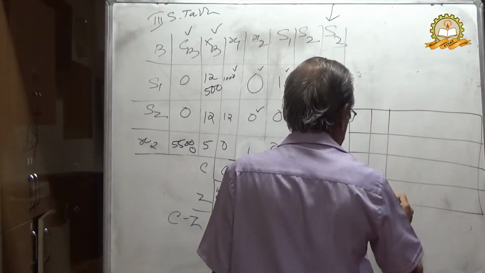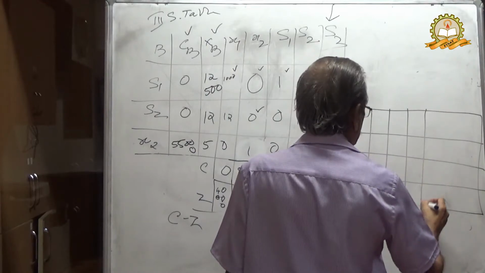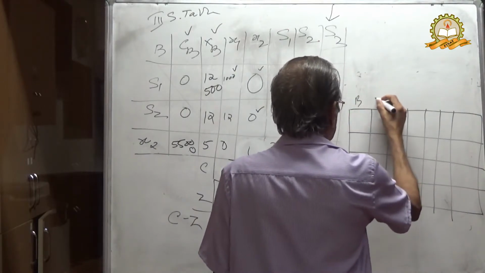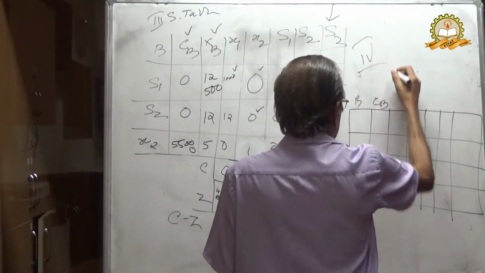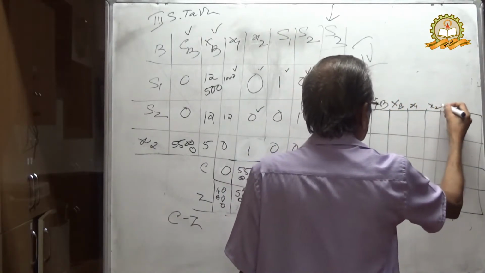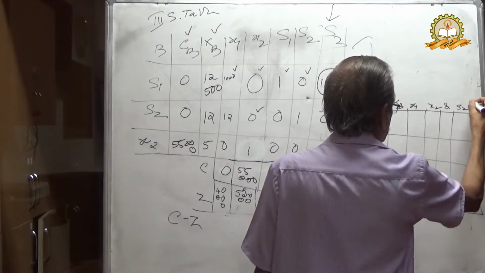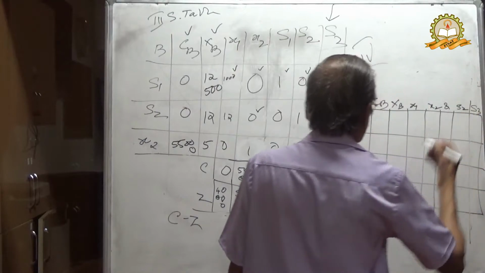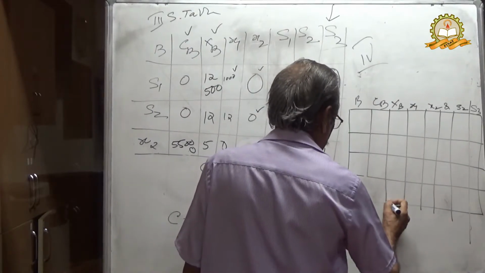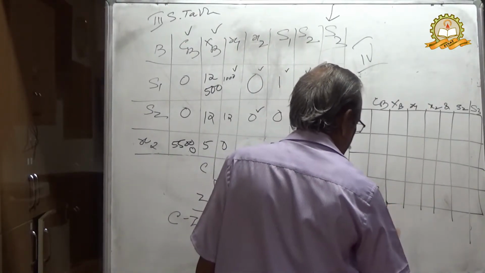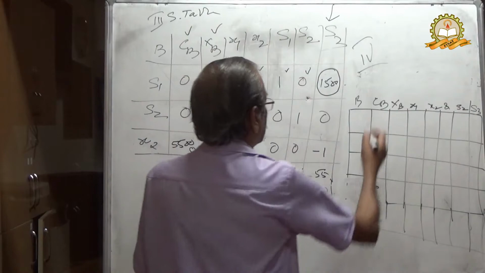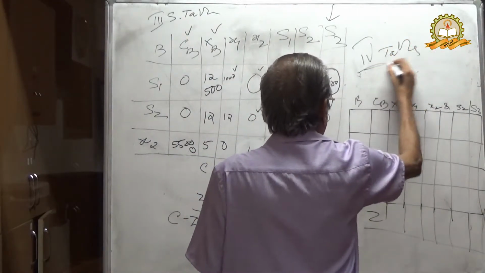B, CB, XB, X1, X2, S1, S2, S3. And you have C and Z. This is the fourth table.